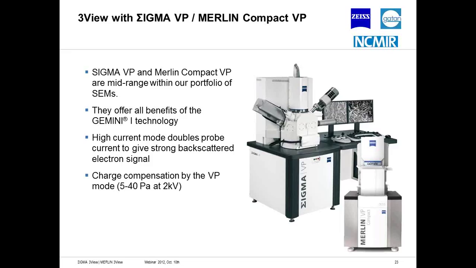And that means you can again scan your sample faster. You can double the scan speed with almost the same resolution, and so you have your results in half the time. And these are systems which are able to have variable pressure, which you can use for charge compensation if you want.